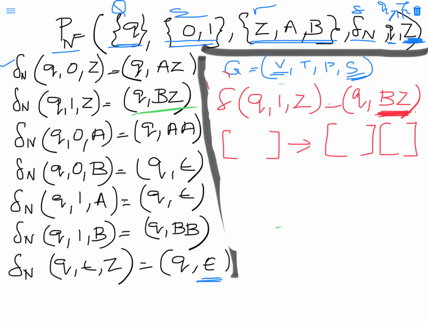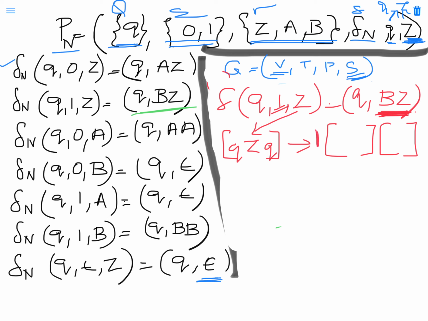Now this stack symbol comes in the middle of the left hand side. Left and right will be taking the state names. So the left hand side is like this. Then the right hand side will be, since the input read here is 1, this 1 will be written over here.